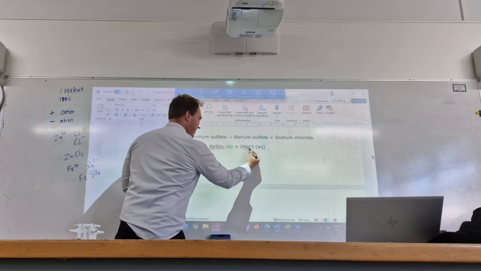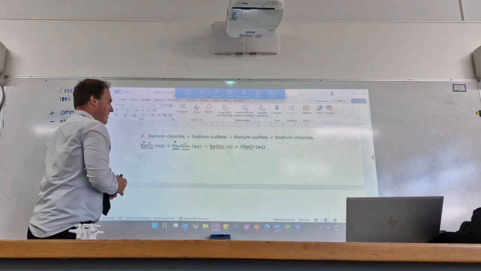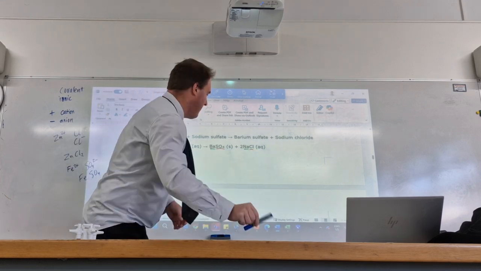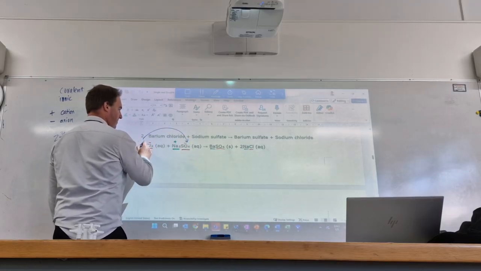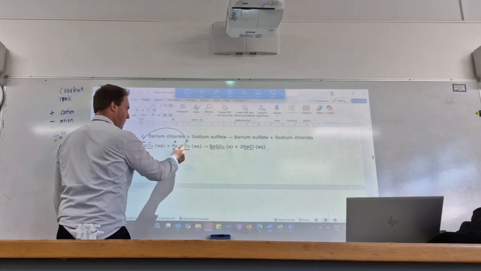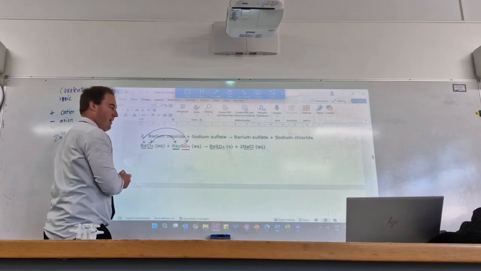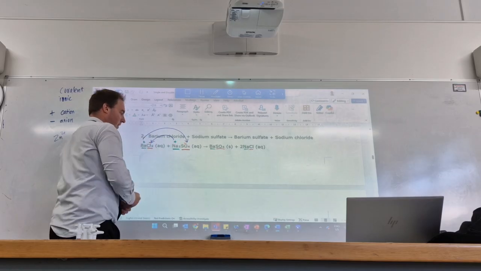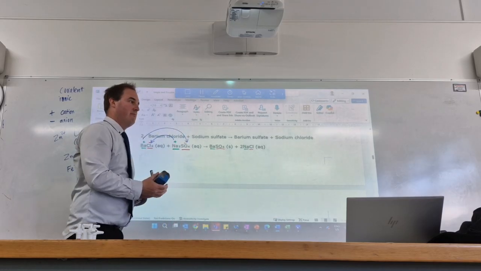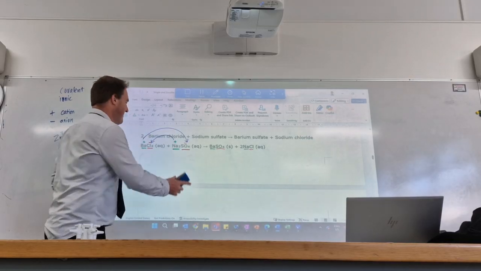You've got your cation and your anion there. Alright, so there's been a swap here. This barium has now bonded with the sulfate, and there's been another swap where the sodium has now bonded with the chloride. So that's called a double displacement. Very similar to the single, but it's happening twice because everyone's changing partners.